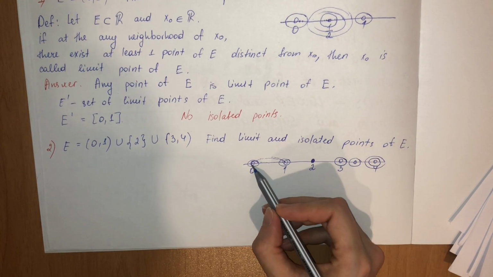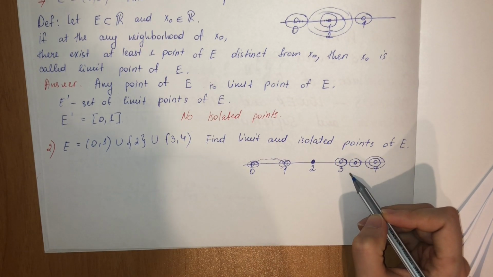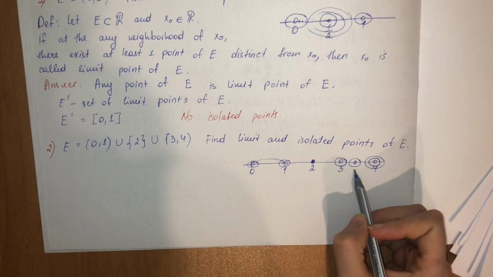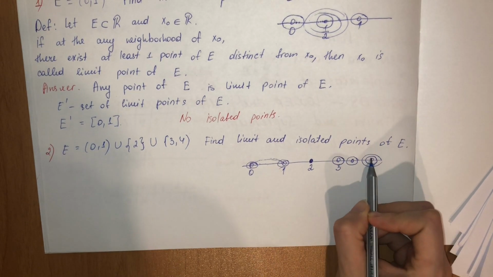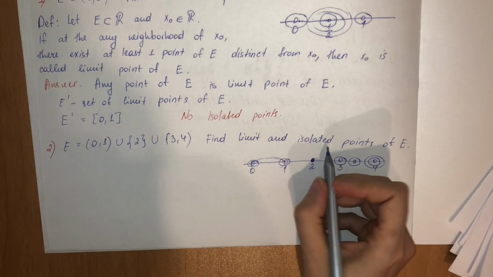So in the intervals (0, 1) and (3, 4), any points are limit points. But what about 2?